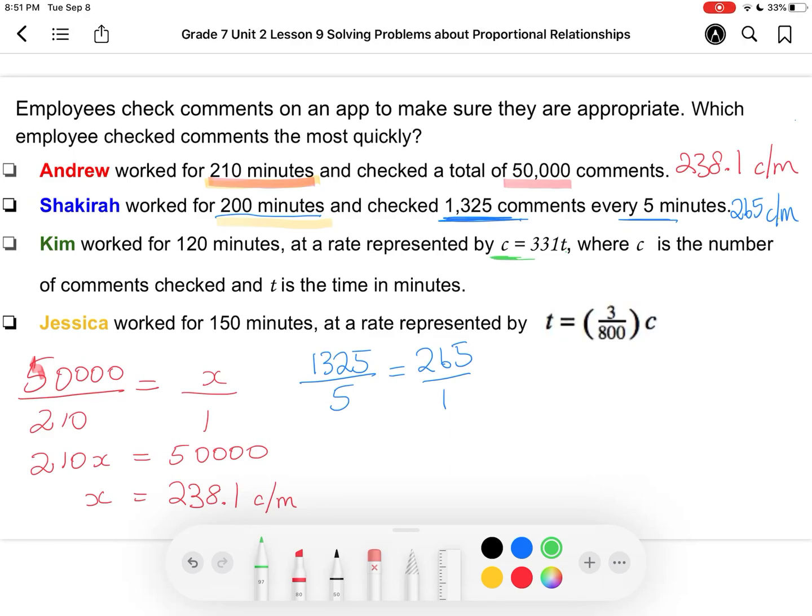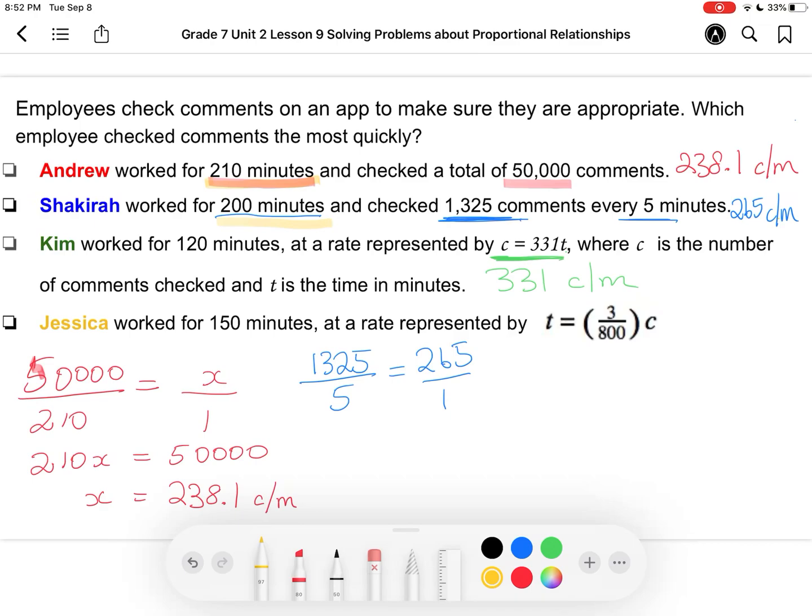Total comments is equal to 331 times t. 331 represents k, the constant of proportionality, or unit rate, which is what we're looking for here. So we don't need to do any calculations. She's checking at a rate of 331 comments per minute.